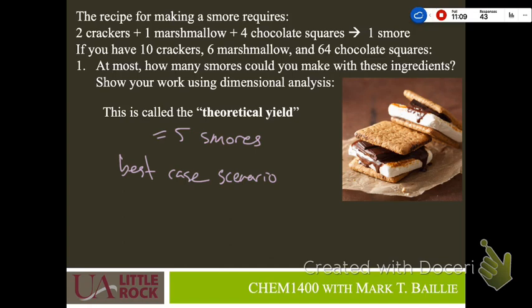So regardless of personal preference, how can we be more specific? Best case scenario based off of what? Morgan? It's the limiting one. Based on the limiting reactant, or the one that runs out first.